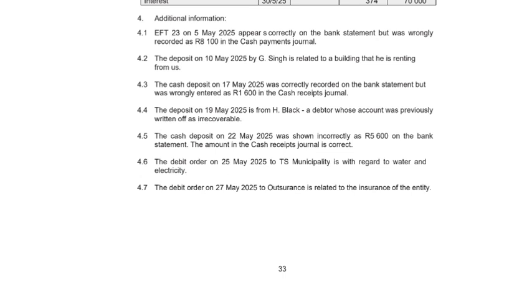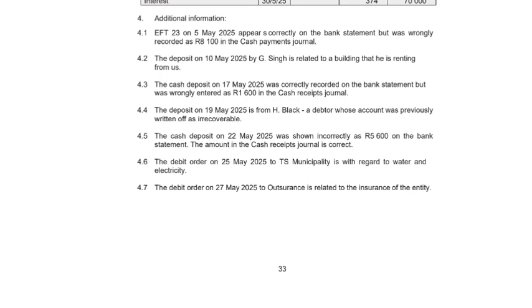4.5, the cash deposit on 22 May was shown incorrectly as 5,600 Rand on the bank statement. The amount in the cash receipts journal is the correct amount. 4.6, the debit order on 25 May to TS municipality is with regard to water and electricity.